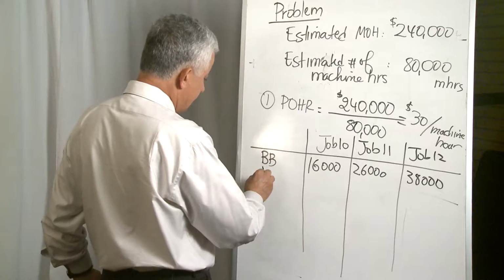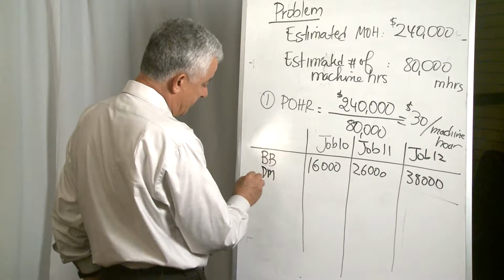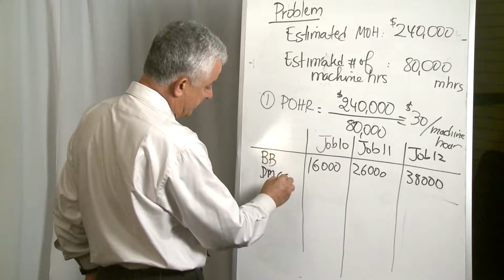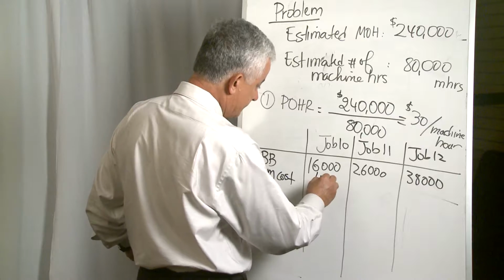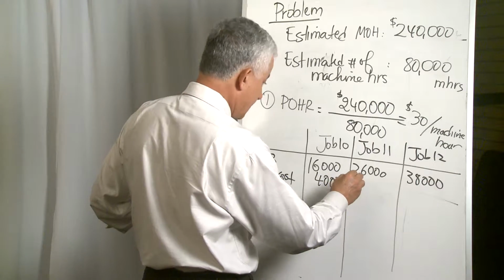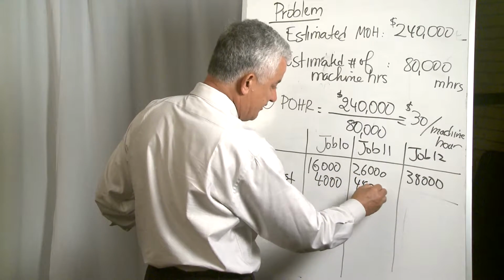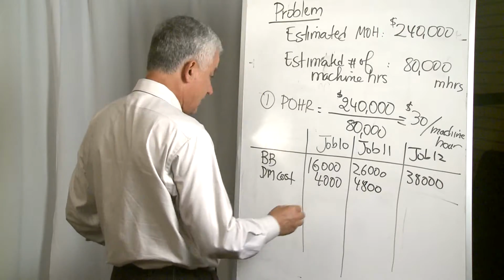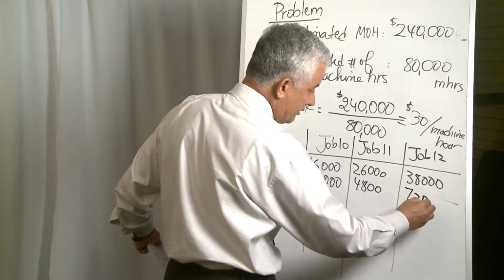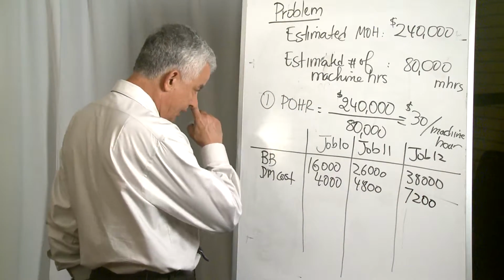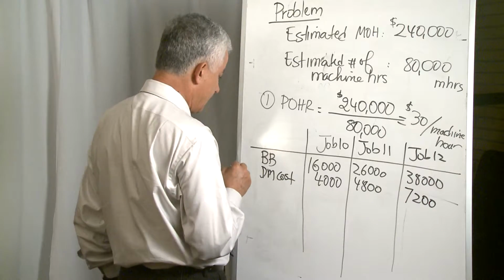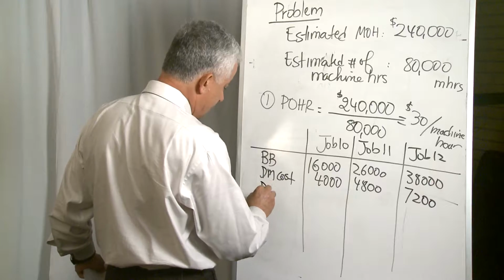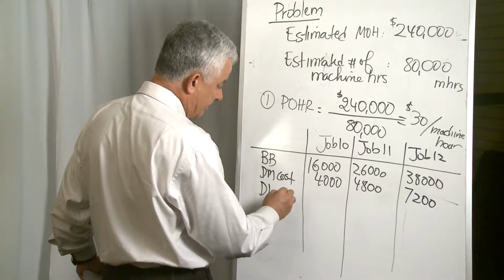Okay, direct material cost, DM, abbreviating again. DM stands for direct material cost. We have 4,000. Okay, and I'm drawing these figures from your slides. You have them available on your slides. So that's 4,000, 4,800, 7,200 for job 10, 11, and 12 respectively. Direct labor cost, DL stands for direct labor cost.